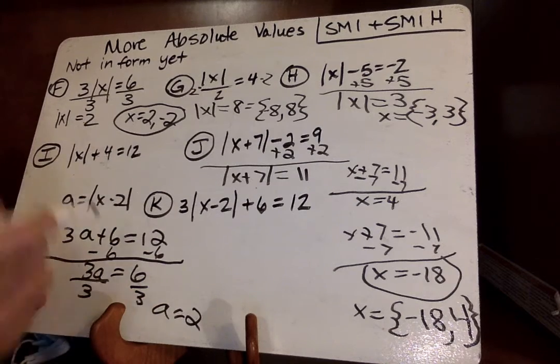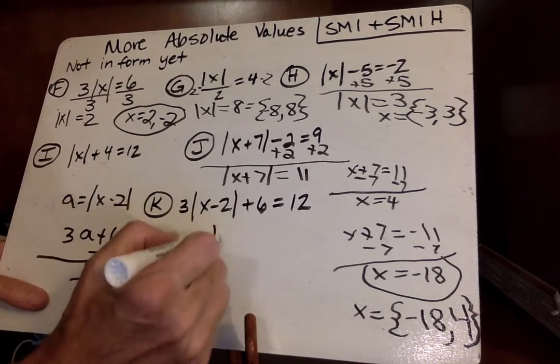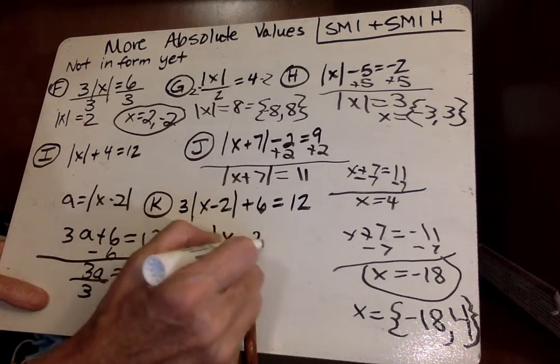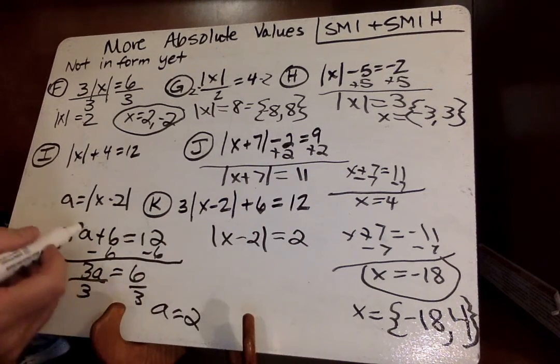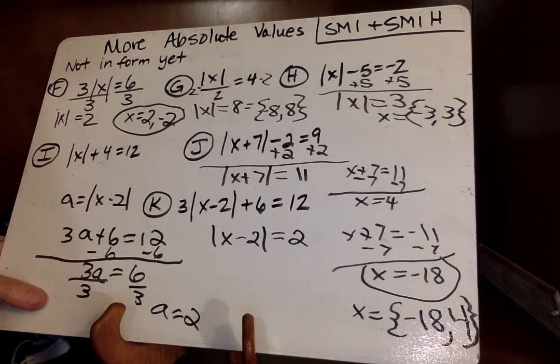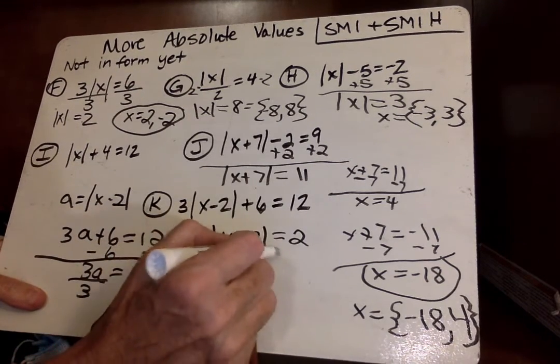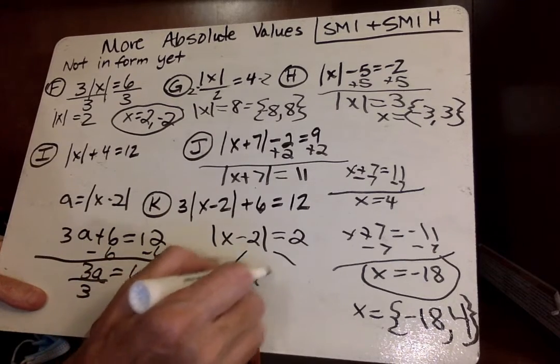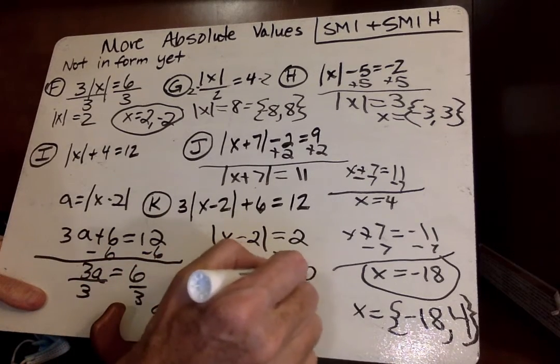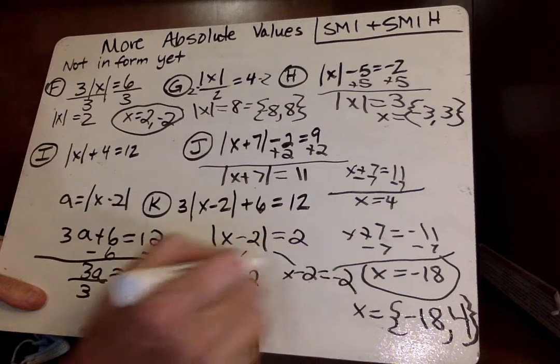So now we can plug that back in. We know a is absolute value of x minus 2 equals 2. Because we see we did all the work here, and we see that a equals 2. Make our two equations. X minus 2 equals 2, and x minus 2 equals negative 2.